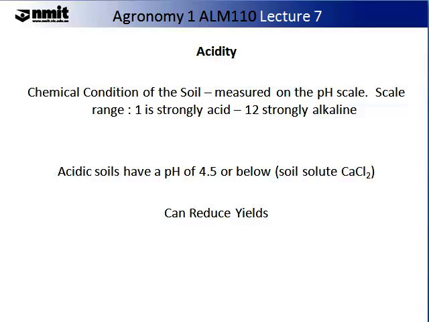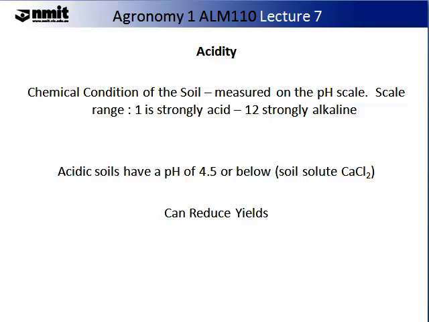Acidic soils have a pH of 4.5 or below. This is when the pH is measured in the soil solution of calcium chloride. Soil pH can also be measured in water, and you need to be mindful of how it is measured in the interpretation of that pH.